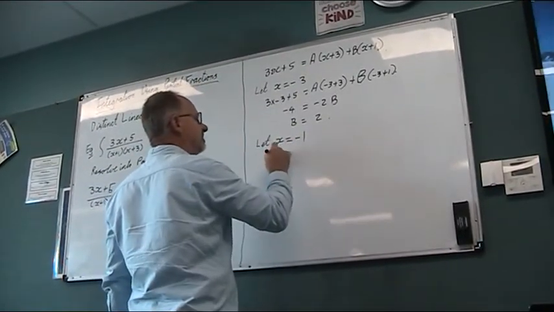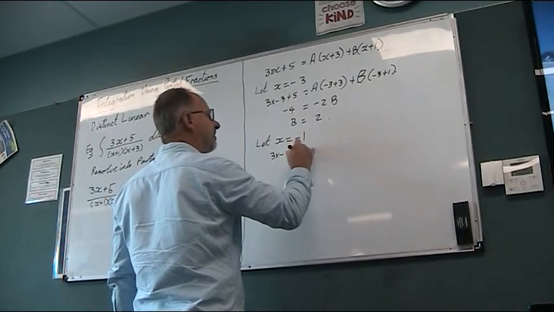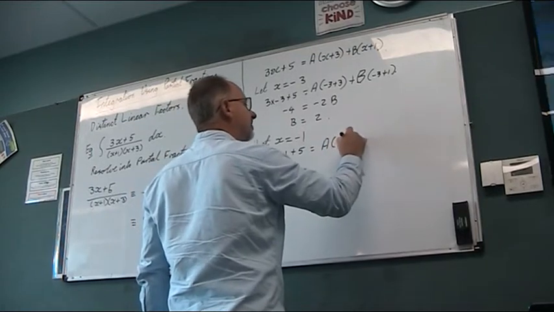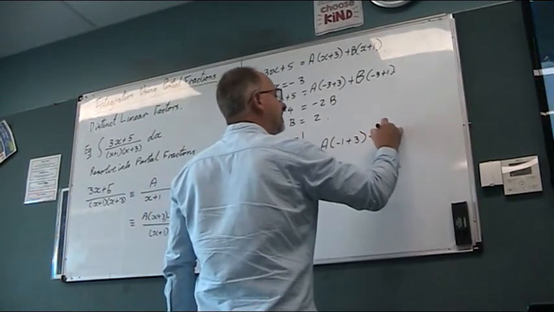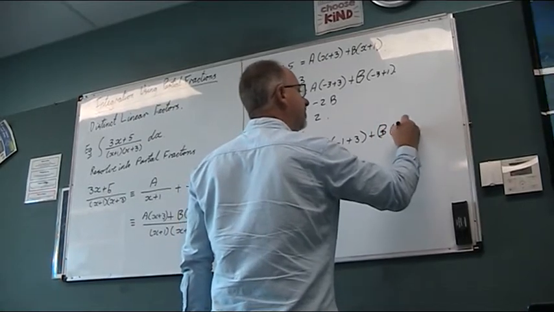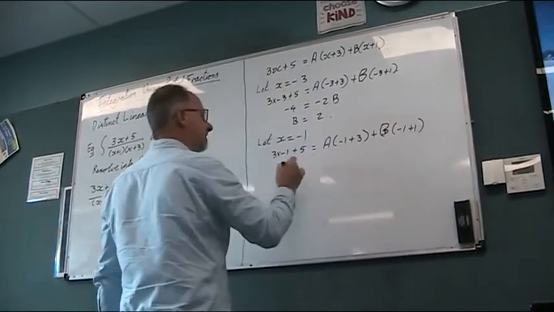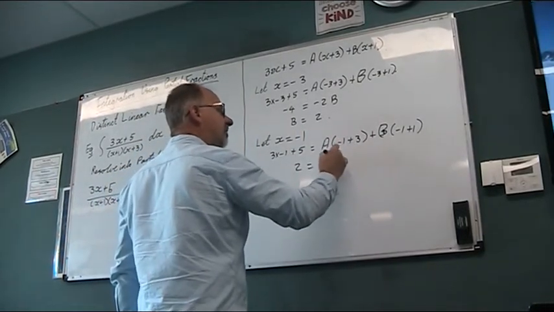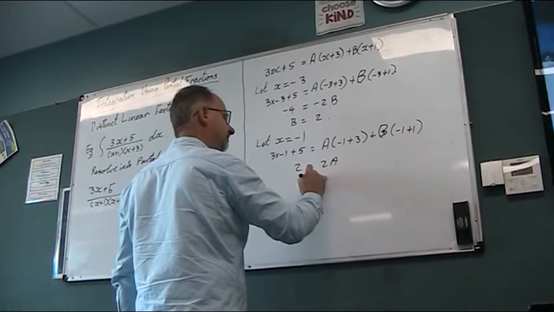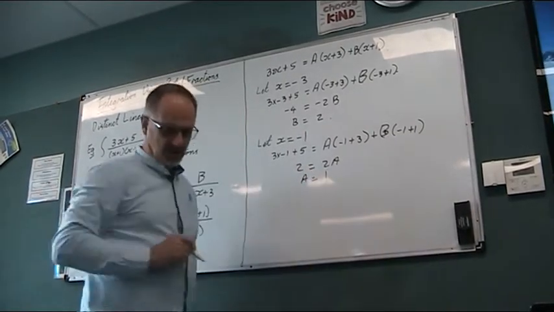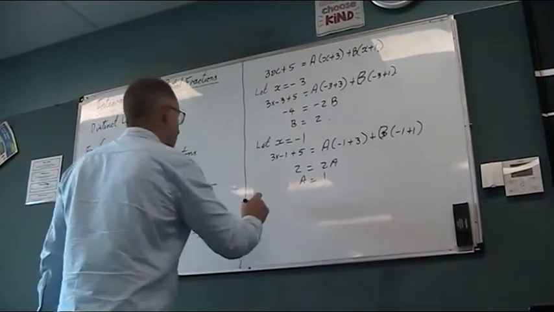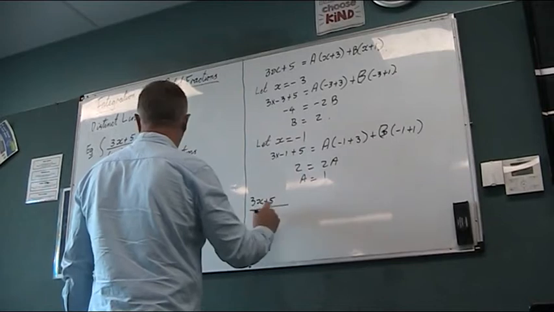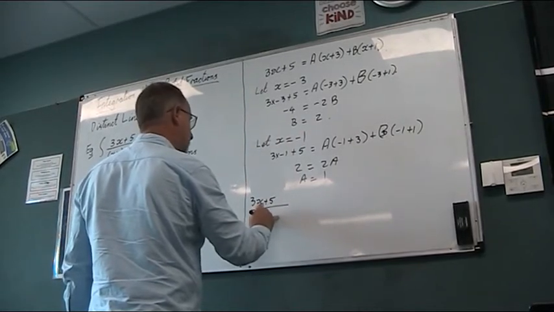So we've got 3 times negative 1 plus 5 equals a times negative 1 plus 3 plus b times negative 1 plus 1. That's the bit that goes. So negative 3 plus 5 is 2, equals 2a, so a is 1.